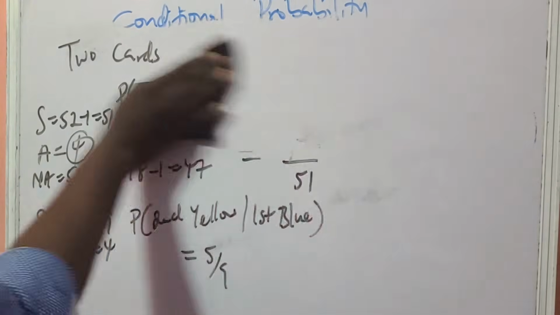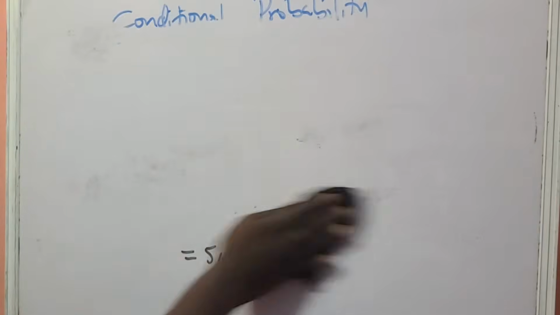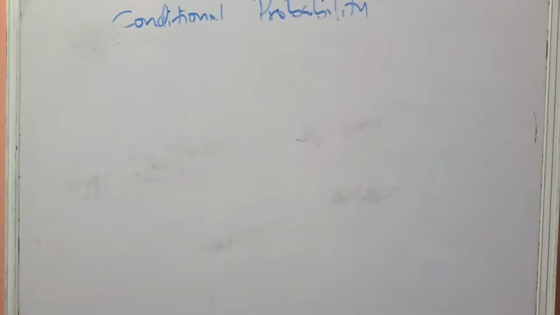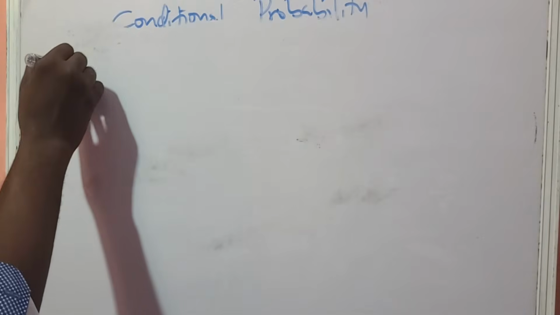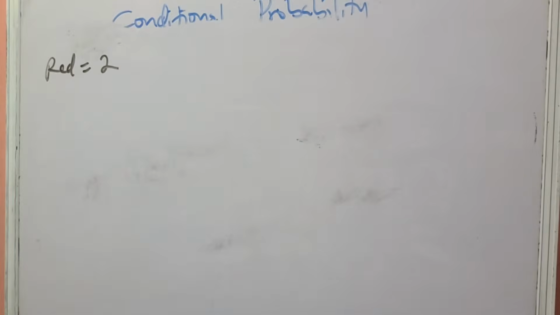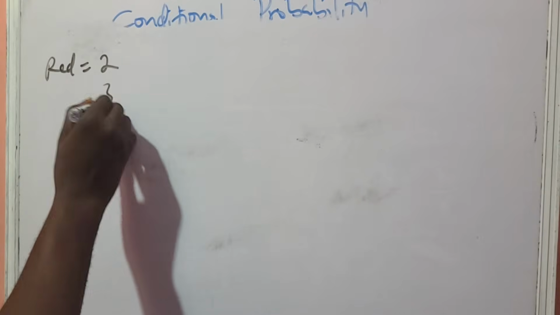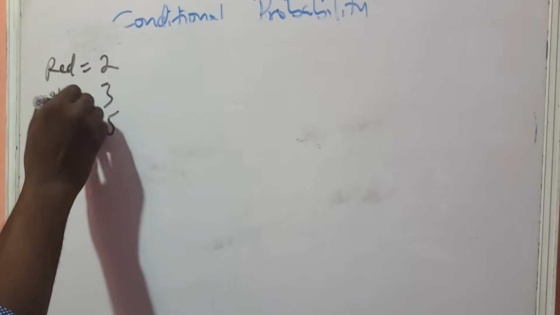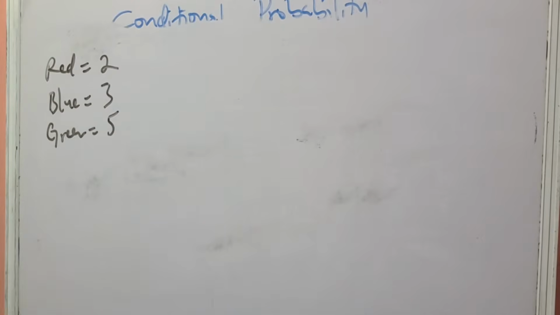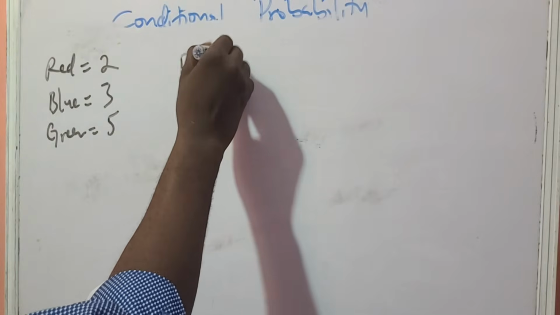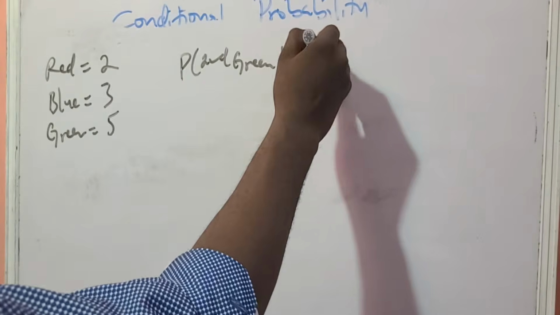Red was 2, blue 3, and green 5. So the question says find the probability that the second was green, given that the first was red.